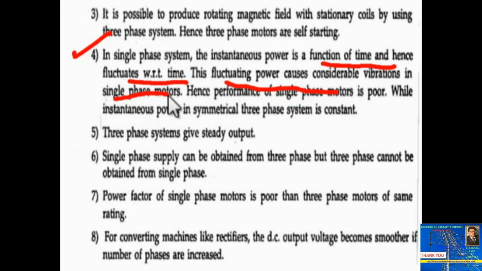So guys, single phase motors will have more fluctuations and vibrations, because in a single phase system the instantaneous power is a function of time and hence fluctuates. Hence the performance of a single phase motor is poor, while instantaneous power in a symmetrical three phase system is constant. So guys, this is the difference.